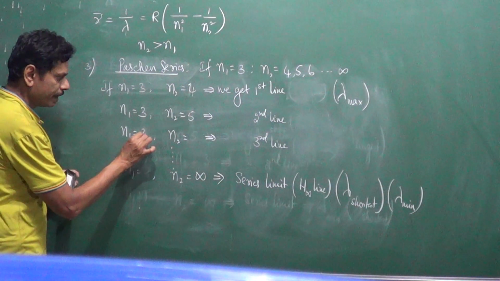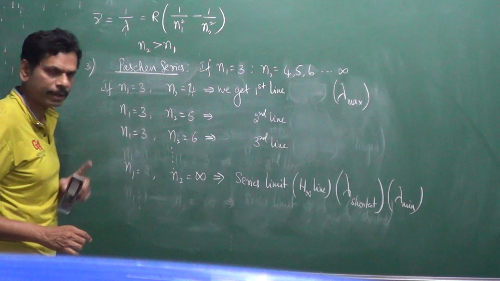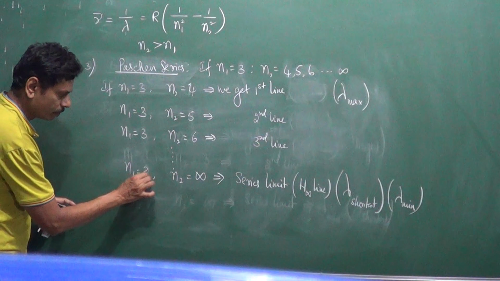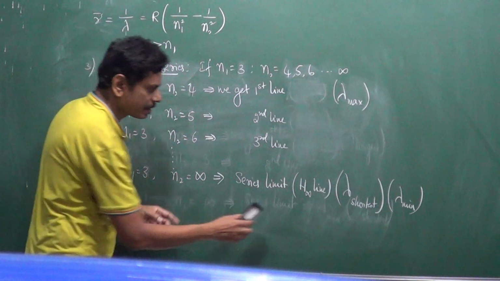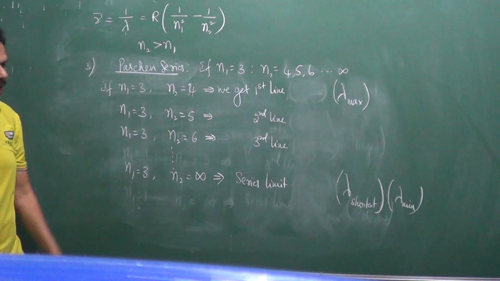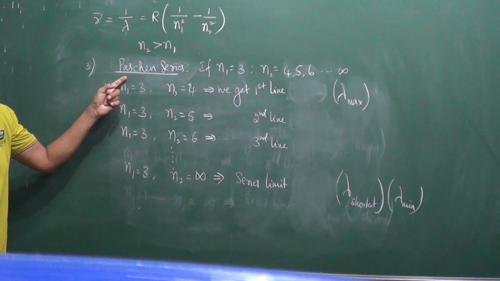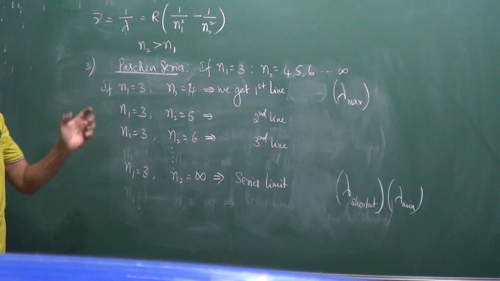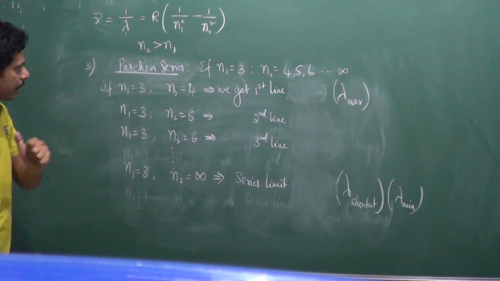N1 is equal to 3, N2 is equal to 6, we get the third line. N1 is equal to 3, N2 is equal to infinity, we get the series limit, which is the shortest wavelength, lambda minimum. This is the Paschen series.